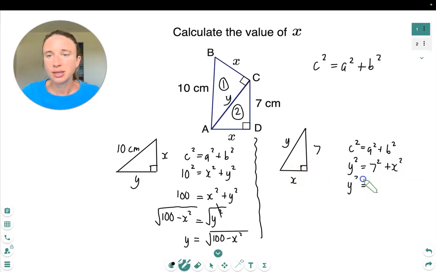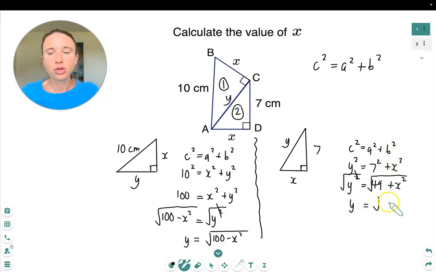Simplify. 7 squared's 49. Now we want y on its own, okay? We're going to take the square root of both sides, and that's going to cancel the square. So we're left with y equals root 49 plus x squared.